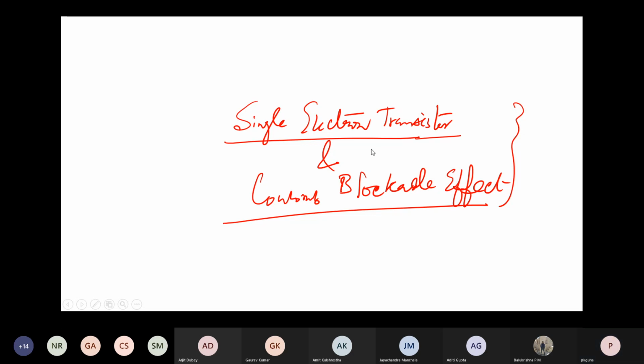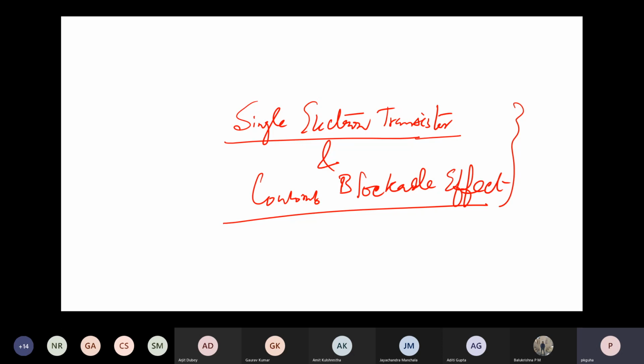Now, this is a different kind of device in nanoelectronics. This device is not in the market. This is still in the research domain. Okay. But this is a very important concept which might lead to some device in some days.